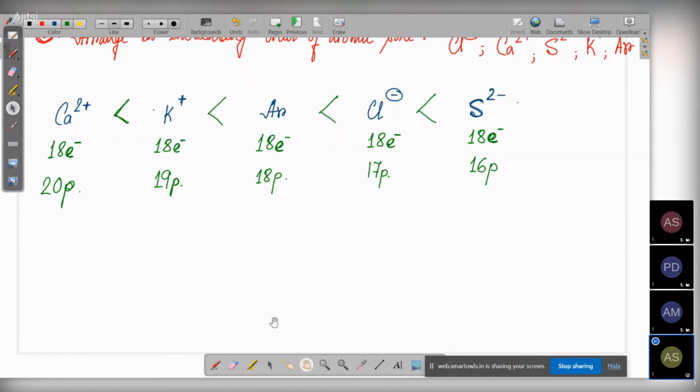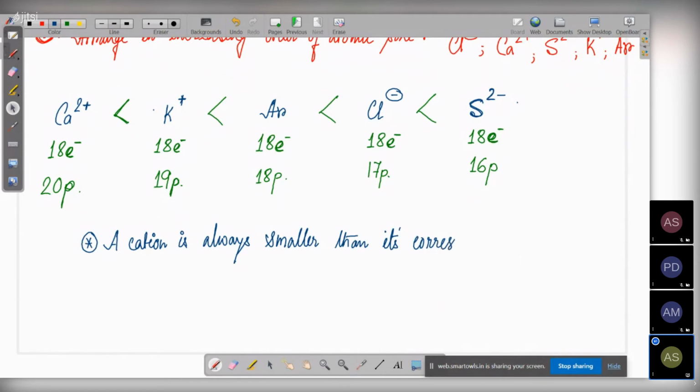So from here you can conclude, a very important conclusion, that a cation is always smaller than its corresponding neutral atom.